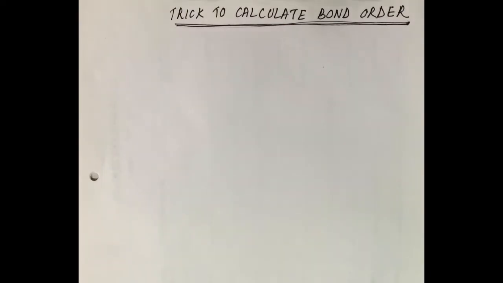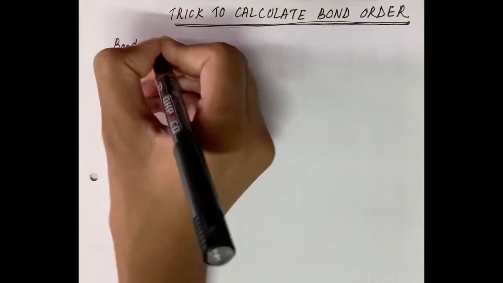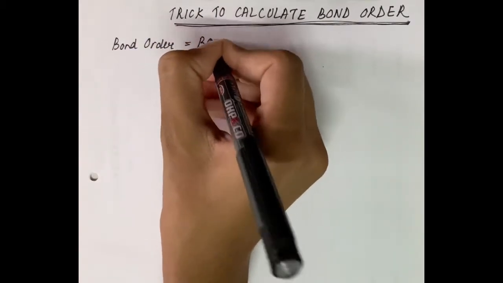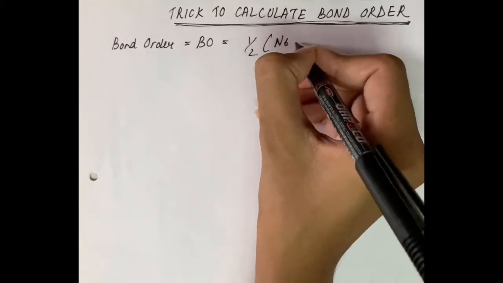Before directly moving on to the trick, let's find out the actual way of calculating bond order. Bond order is represented or written as BO and its formula is half of NB minus NA.